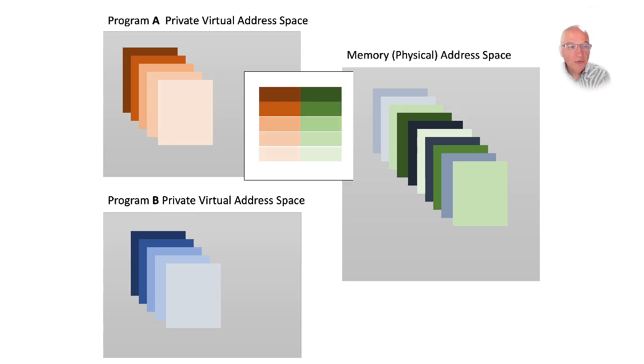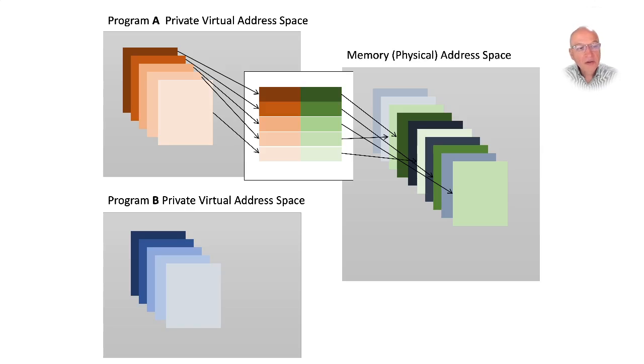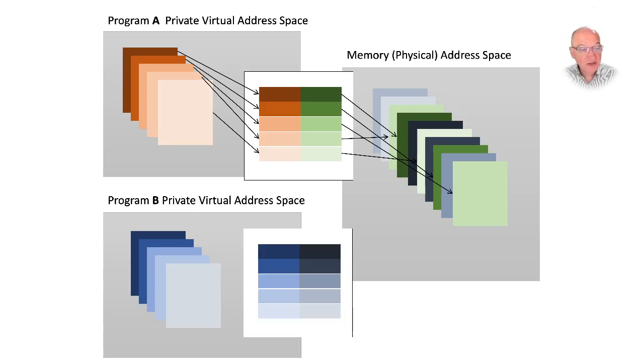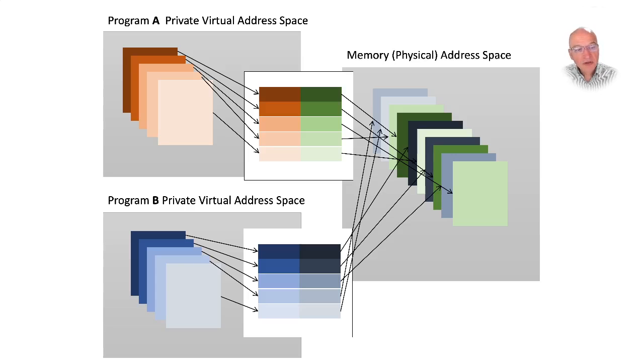This mapping will map the private virtual address space of the program into the physical frames in the memory. So I could have this mapping here that is mapping all the pages from the virtual address space of program A into the frames in the physical address space. And I will have another mapping for my program B that is also going to do this mapping.